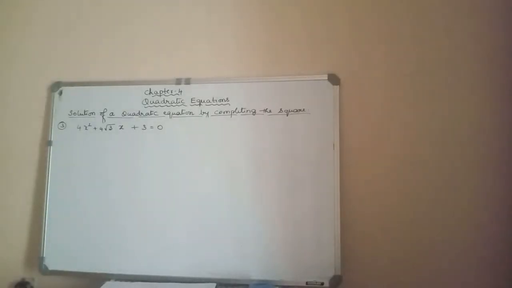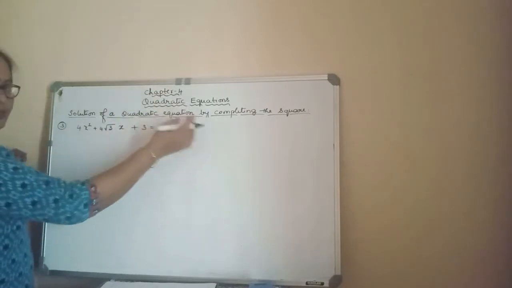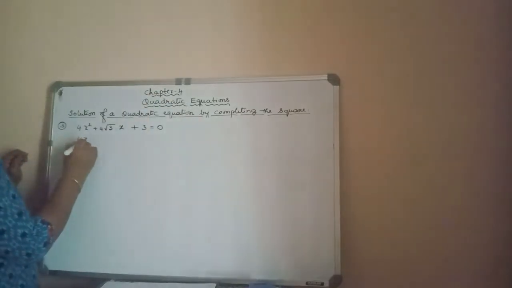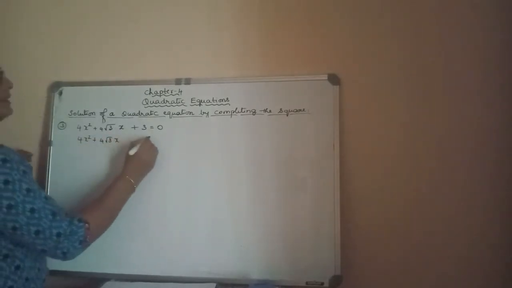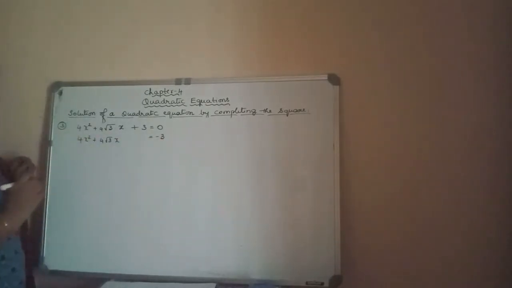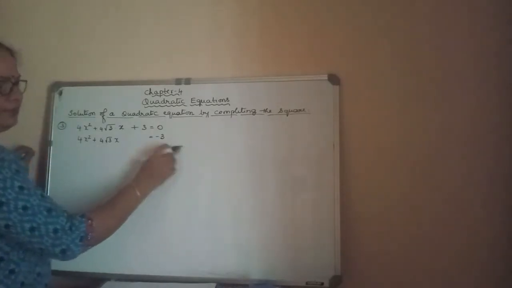Next example is 4x square plus 4 root 3 x plus 3 equals 0. First step is to take the constant to the right side. 4x square plus 4 root 3 x equals minus 3. Now divide the whole equation by 4.